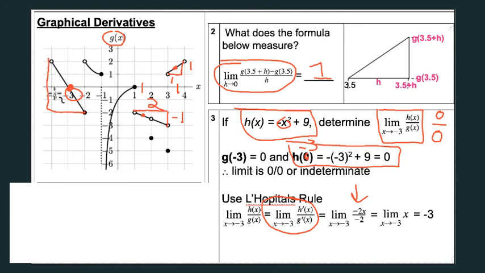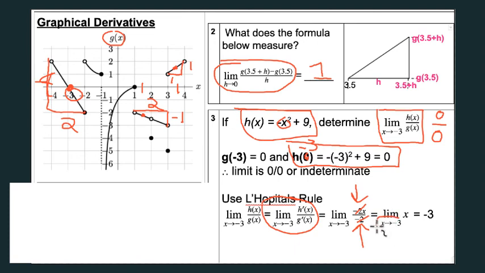Well, what's the rise? 1, 2, 3, 4 boxes, so it's negative 4 is the rise, and the run is 2. 2 goes into negative 4, negative 2 times. So the slope at x equals negative 3 for g of x is negative 2. Negative 2 divided by negative 2 is 1, and so I've just got x left.